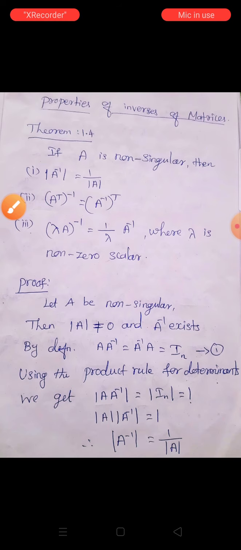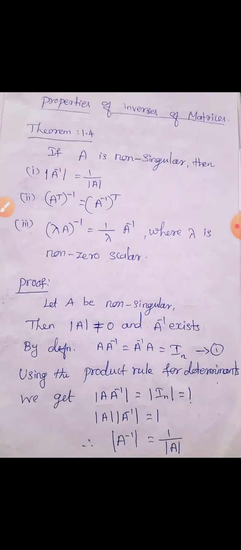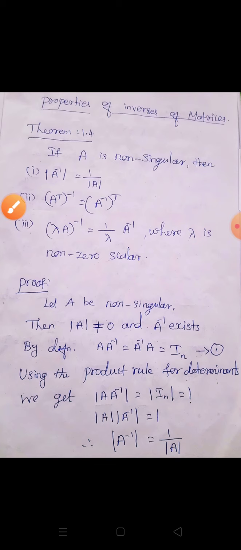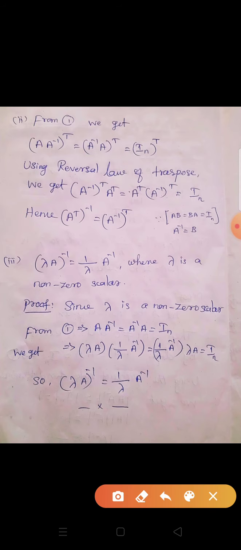Now we are going to prove the second statement: A transpose whole inverse is equal to A inverse whole transpose. From 1, we get A inverse A whole transpose equal to IN transpose.